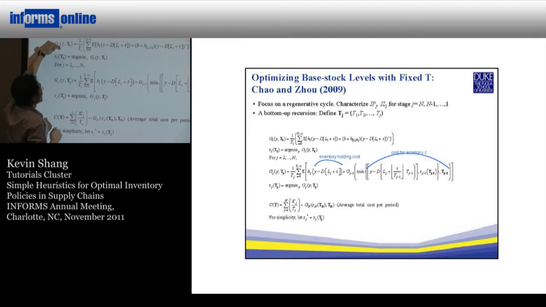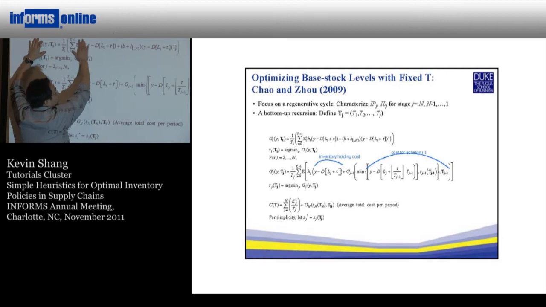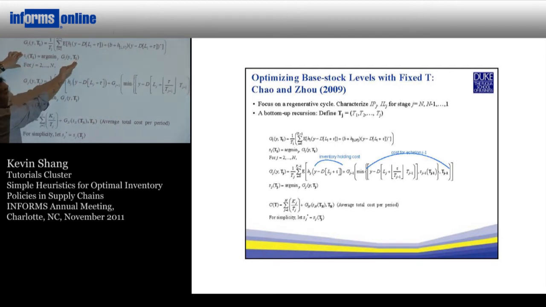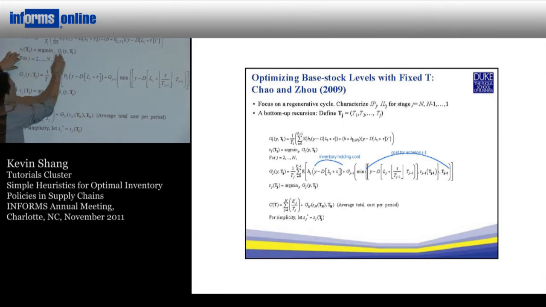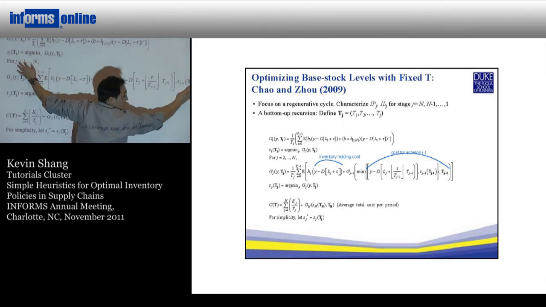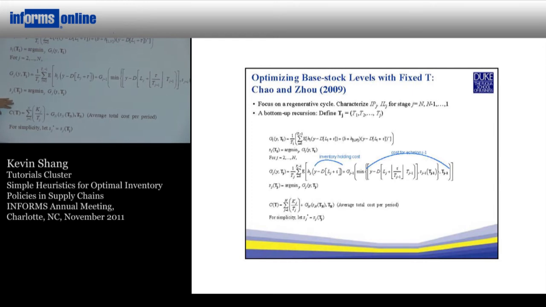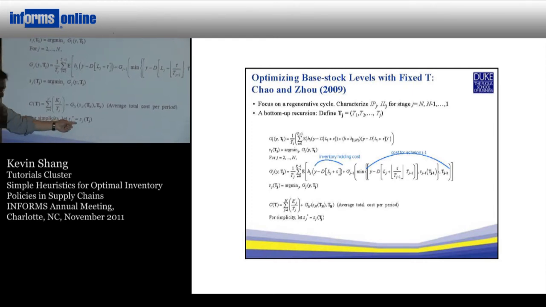The procedure is, again, from stage 1, I have a cost function, and for a given T1 I find the minimizers. I plug these minimizers in to generate the stage 2 cost function, and I minimize it again, and I repeat this procedure. At the end, I can find the optimal base stock levels for fixed t.